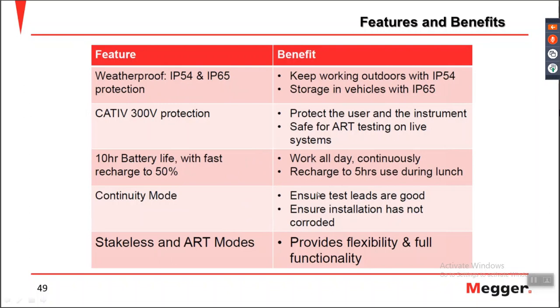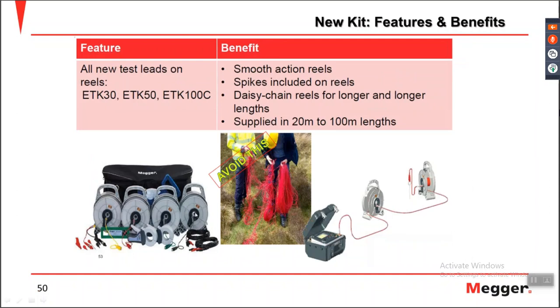And also we have the whole new test lead on a reel. This is a problem on site, I think, based on my experience also. After you finish a test, you need to move to another position to make sure your measurement is good. Sometimes you have a problem and it takes longer than the first testing.